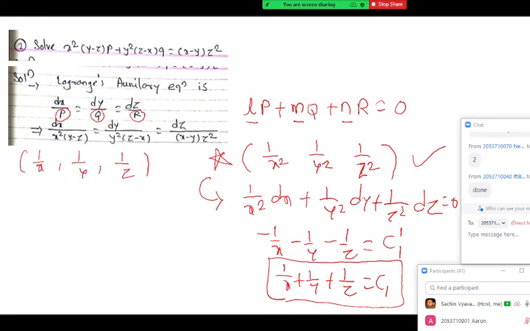The first term becomes xy minus xz, because xx gets cancelled. The second term is yz minus yx, and the last term xz minus yz. So you'll observe that xz minus xz cancels, yz minus yz cancels, and again it comes 0.